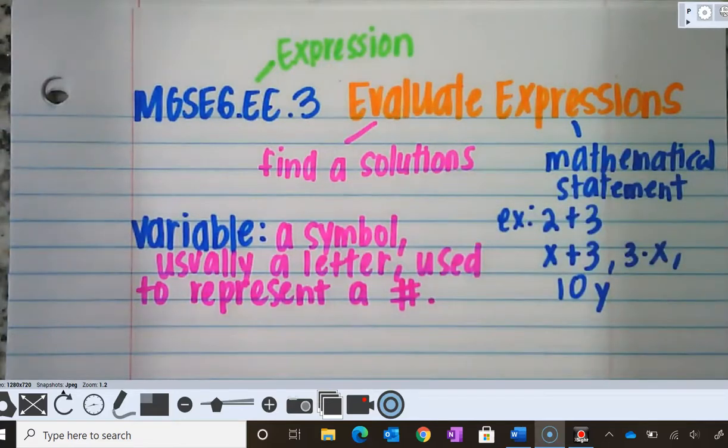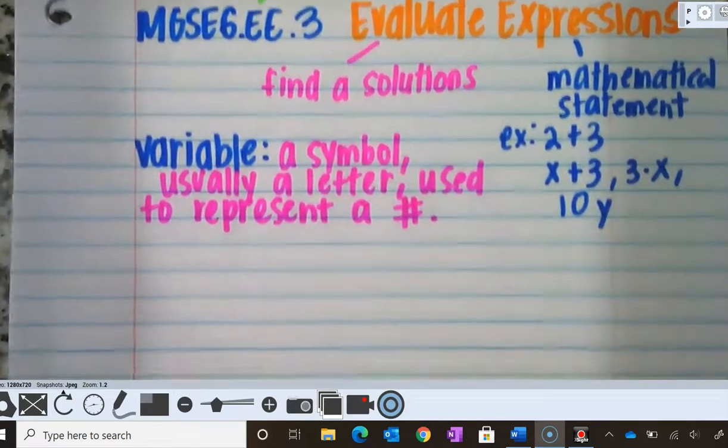So a variable is usually a letter, it's a symbol, usually a letter, used to represent a number. And so this is going to make a lot more sense as we go through some different example problems. So let's start with some examples.